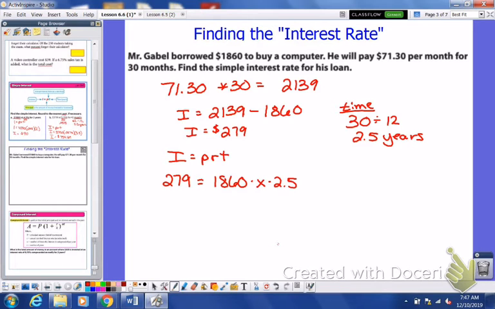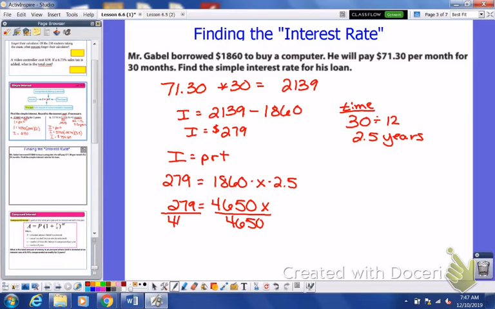This one's a little different than the last 2 that we did because our variable is on this side. So we want to simplify as far as we can. I can't do anything with 279. On this side though, I can take 1,860 times 2.5, which gives us 4,650, still times x. Now think about what we did when we cross multiplied. You divided by the number that was with your variable.